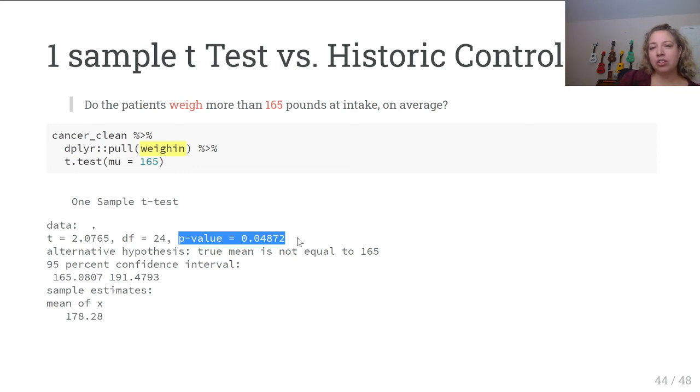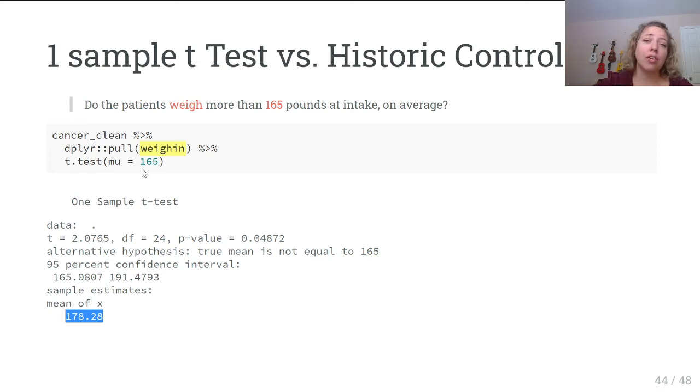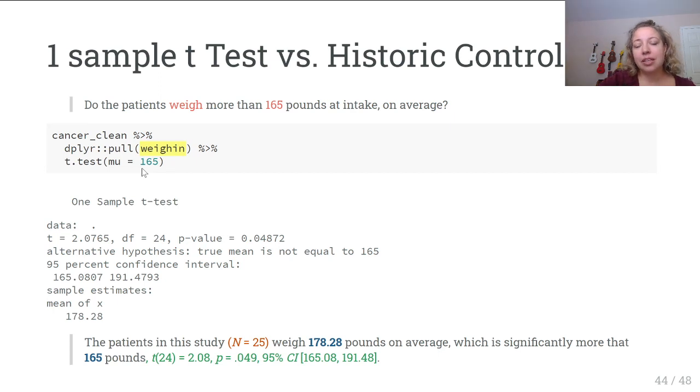So even though our alternative hypothesis said the weight was different than 165, we are going to specify that yes, we have evidence the average is, well, let's see, it's 178. That's bigger than 165. So our conclusion better say that we have statistically significant evidence that these patients weigh more than 165 at intake.